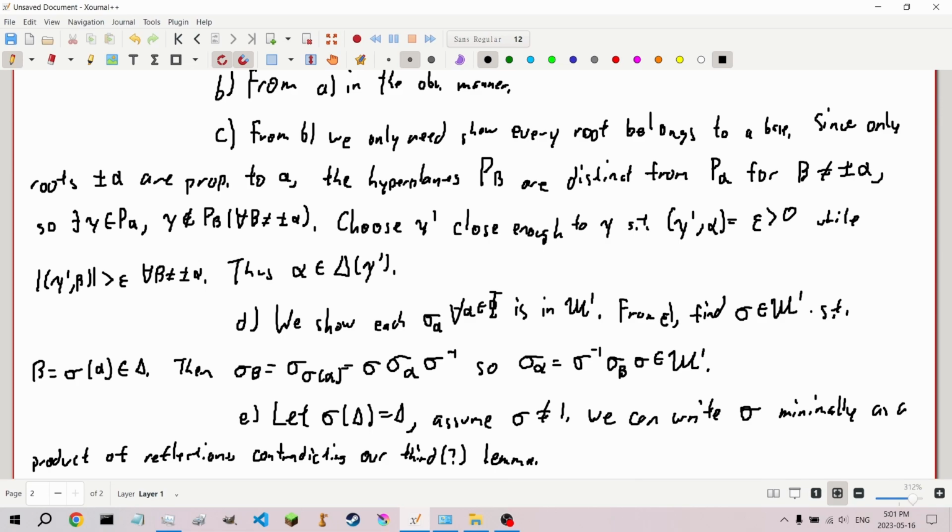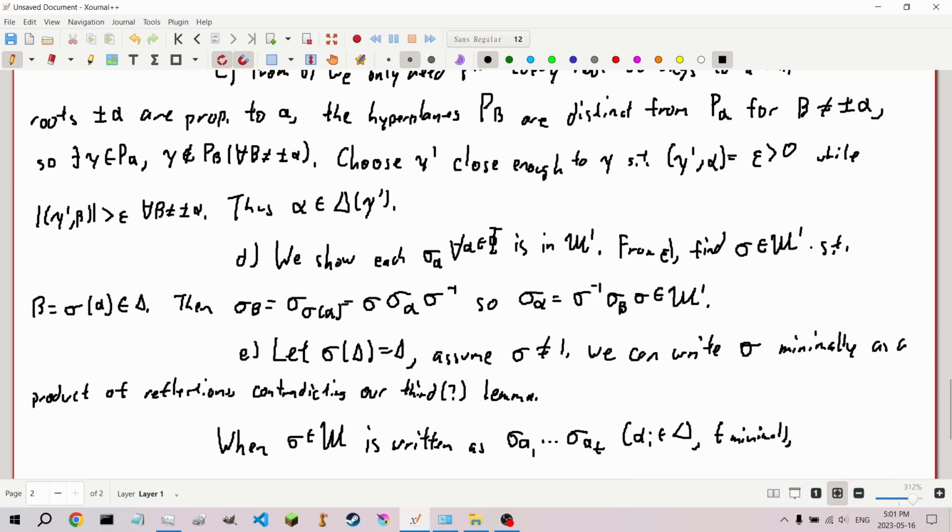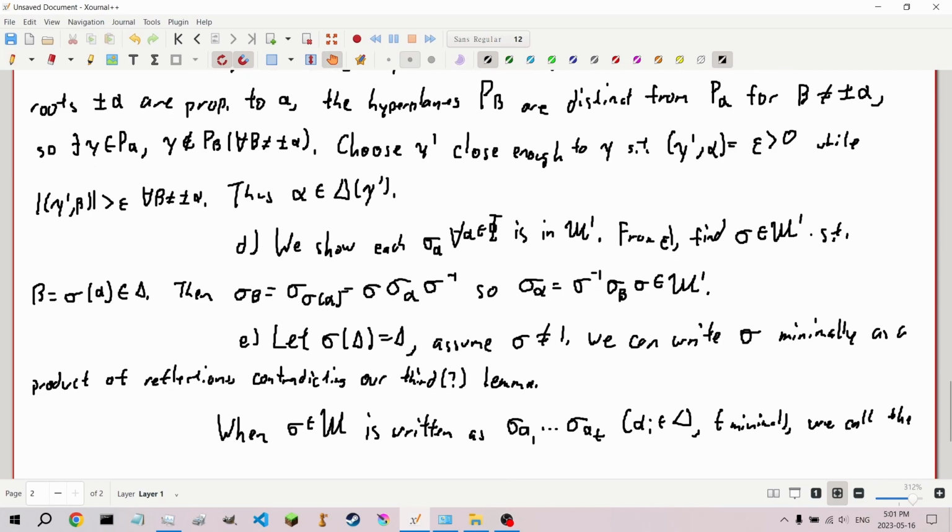Now we're going to use our lemmas to explore what it means that the Weyl group is generated by simple reflections. So when sigma in the Weyl group is written as the product of sigma alpha 1 through to sigma alpha t for alpha i in our base and t minimal, we call the expression reduced.